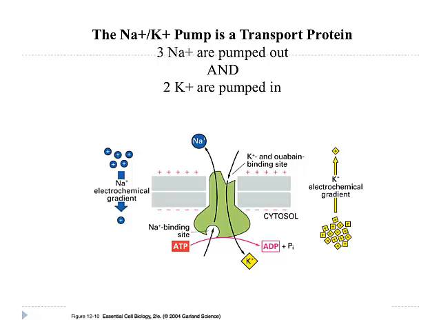And this pump works in a stepwise manner where if the first step doesn't happen, then the subsequent steps won't happen. So if that first sodium binding step doesn't happen, then there will be no transport of potassium.